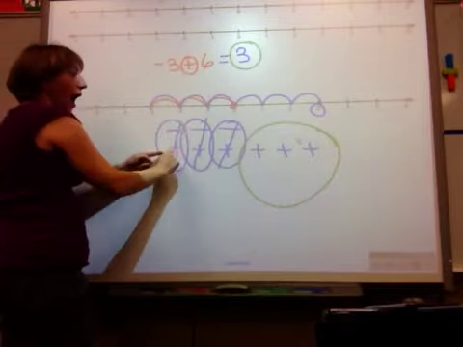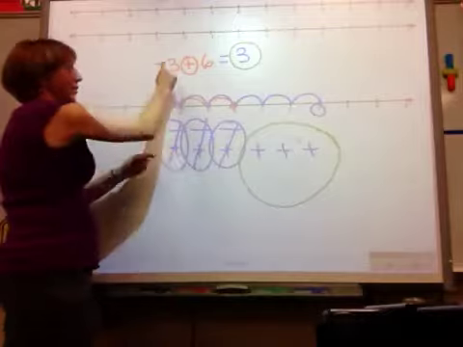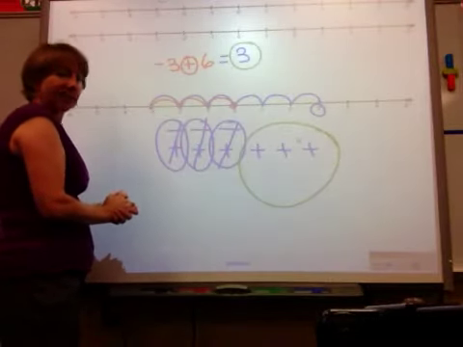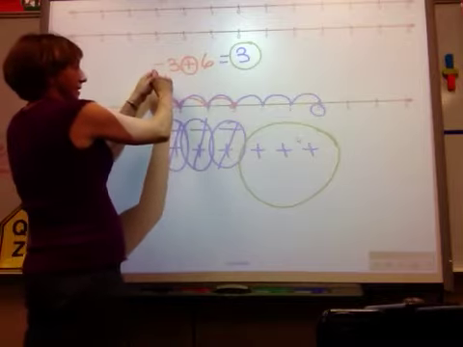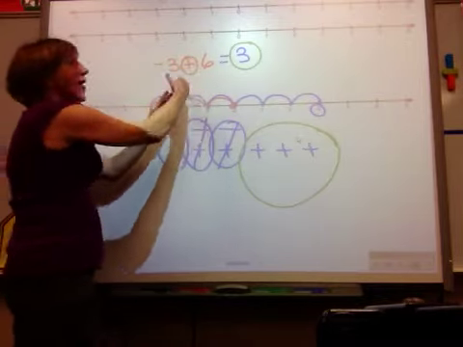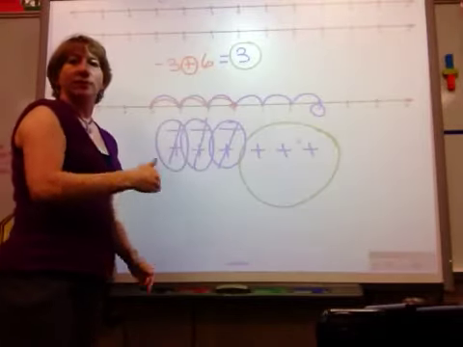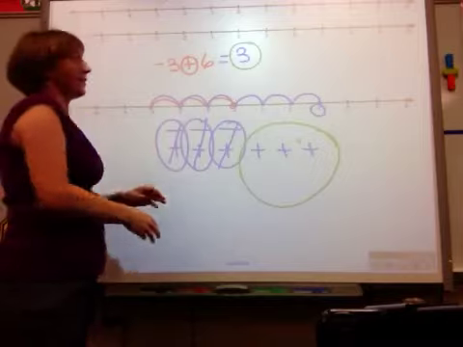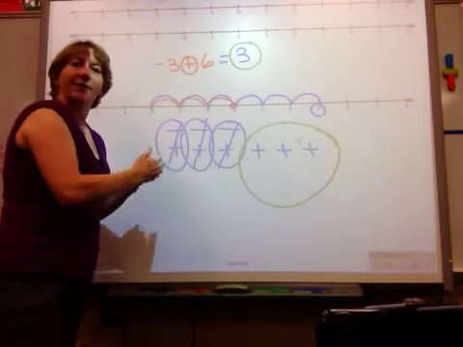We have more positives than we do negatives. Therefore, the answer itself is going to be positive. Whichever type of sign, negative or positive, you have more of, the answer is going to reflect that sign. If you have more positives, positive answer. If you have more negatives, you'll have a negative answer.